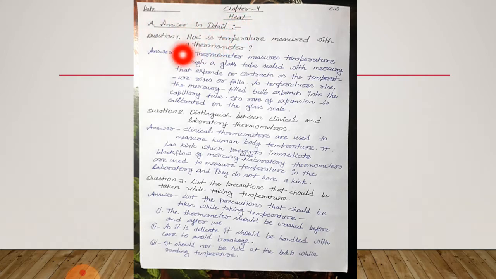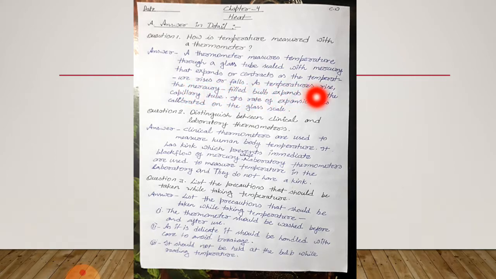Answer in detail. Question 1. How is temperature measured with a thermometer? Its answer: a thermometer measures temperature through a glass tube sealed with mercury that expands or contracts as the temperature rises or falls.